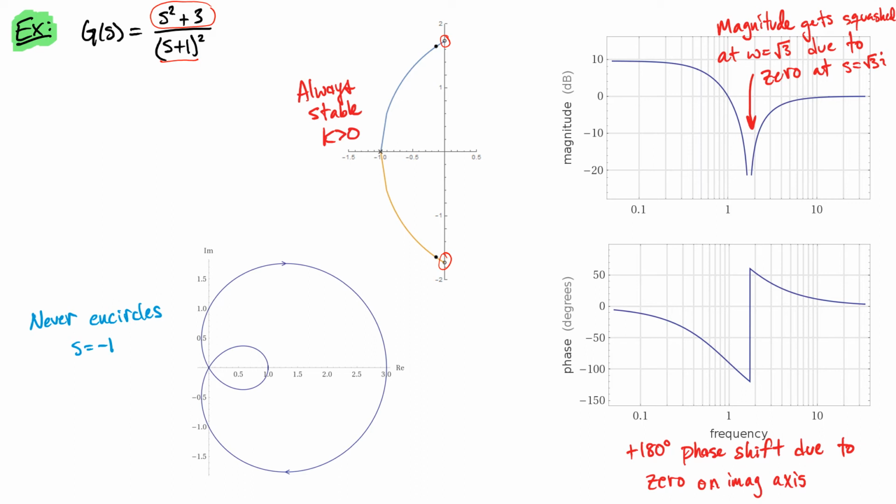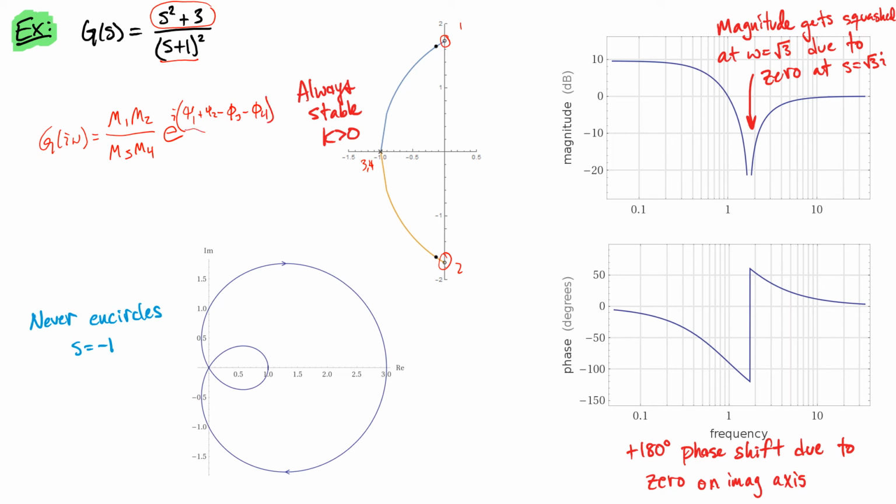So remember that the transfer function, when we evaluate g of i omega, this is going to look like, if we call this 1, 2, 3, and 4, where 1 and 2 correspond to the zeros, then we're going to have m1, m2 over m3, m4, and it's going to be e to the i, and we're going to get psi1 plus psi2 minus phi3 minus phi4.